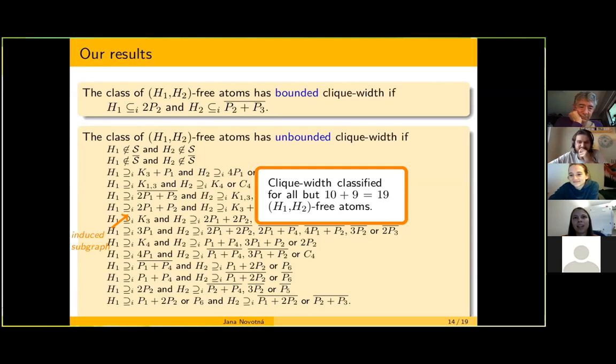I'm not sure about the precise number, but we had, I don't know, 15 unbounded constructions or something like that. But usually these constructions cross out many cases.